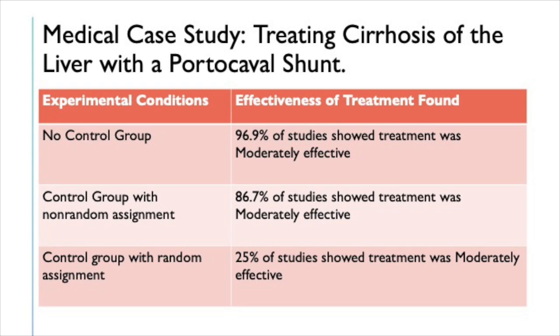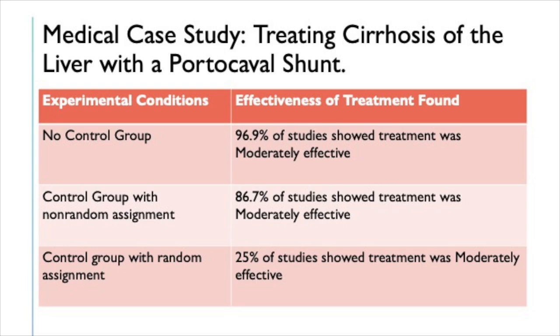So of the studies that had no control group, doctors found that almost 97% of the studies showed that this Portocaval shunt was moderately effective. That's a big percentage. Moderately effective isn't great, but any amount of effectiveness, I think, would be desirable when we're talking about cirrhosis. In studies that had a control group without random assignment, almost 87% of studies showed that the treatment was moderately effective.